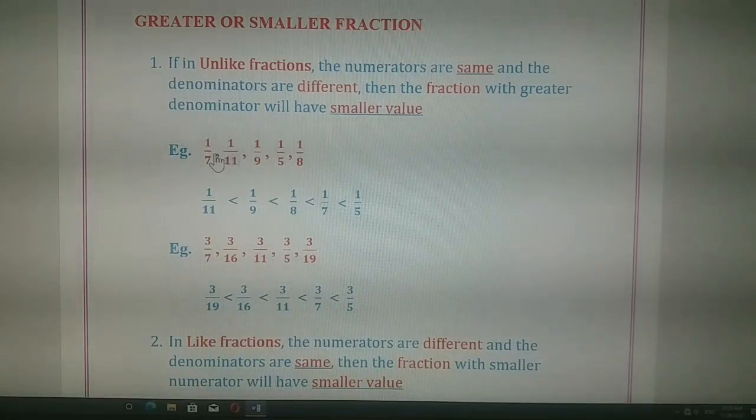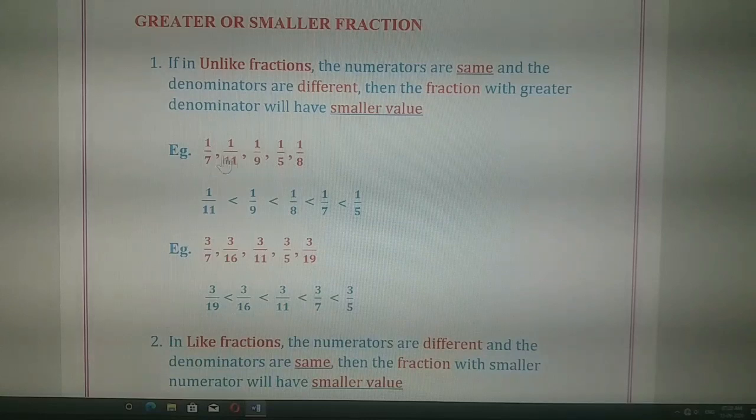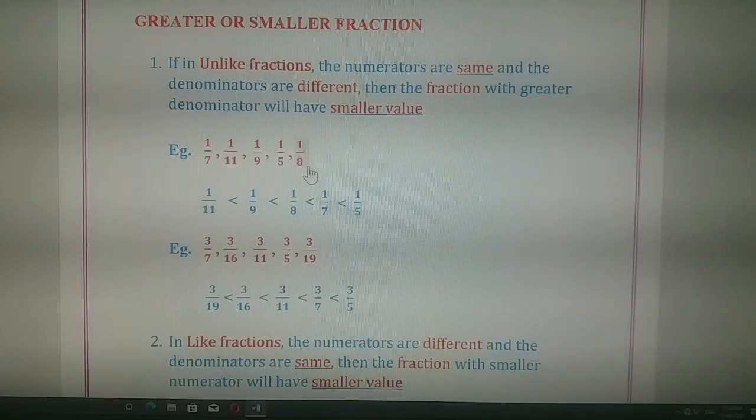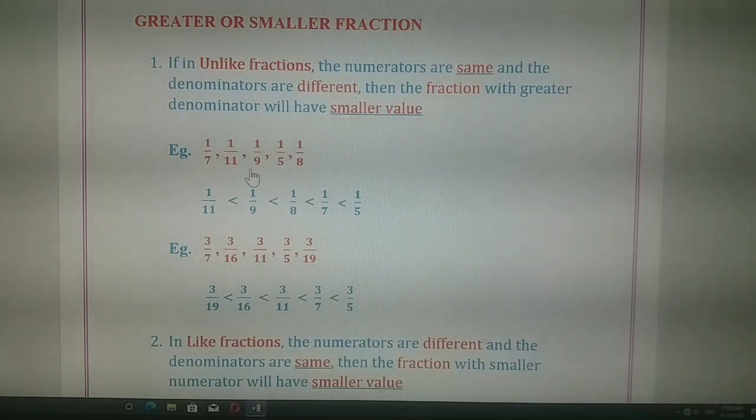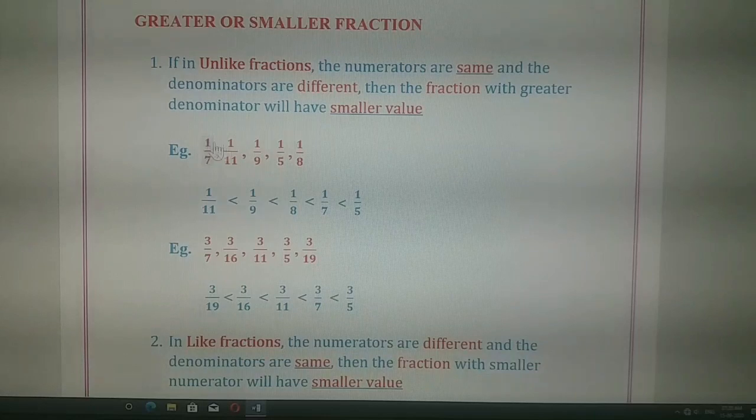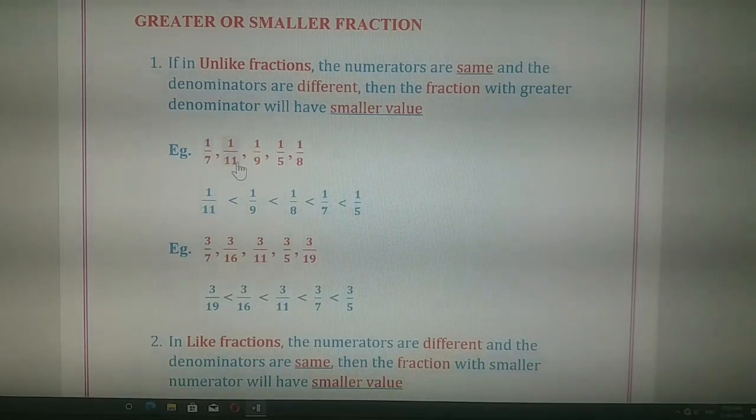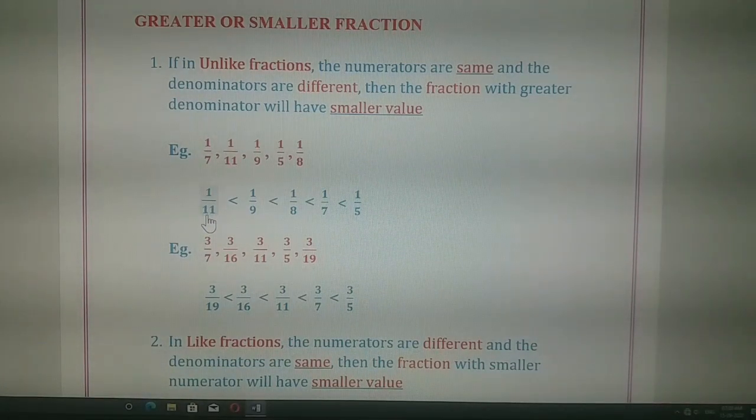So how can we say which of the fractions is smaller and which is bigger? Or suppose we have to arrange them in ascending order or descending order. We have to remember that if the numerator is same and the denominators are different, then the fraction having greater denominator will actually be the smaller fraction.